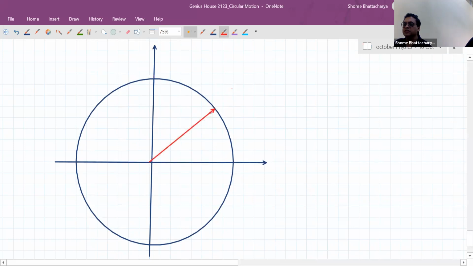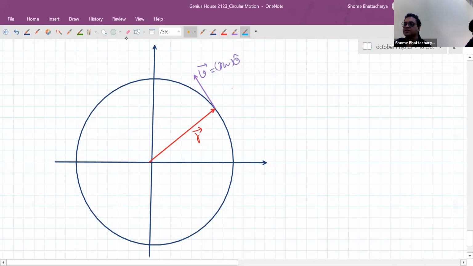If this is the position vector, the velocity vector of the particle will have to be in the tangential direction, perpendicular to it. So the velocity vector at any instant is r omega theta cap.